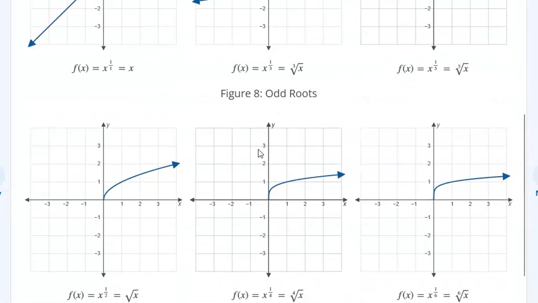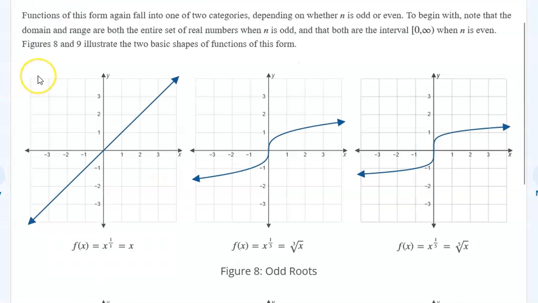Now, if they're even, and again, pause here, you want to get some sketching. Like square root looks like this. Fourth root, notice the initial part is extended up, but it's that general shape. Sixth root, again, just a little bit more, but the general shape. This is what you want to sketch. Having good notes that you can rely on and study, very useful.